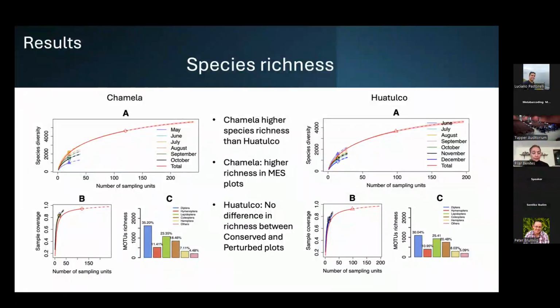This is statistically significant through a GLM. We also find that Chamela had higher richness in these medium ecological succession plots outside the reserve, while Huatulco showed no difference between conserved and perturbed plots in regards to richness.